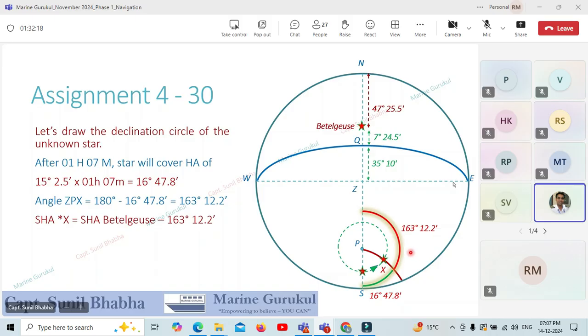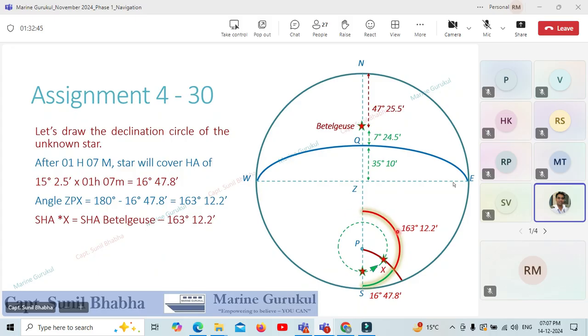So this tells me that the SHA of the unknown star will be SHA of Betelgeuse minus 163 degrees 12.2 minutes. Why is there a minus here? Because SHA is a westerly measurement. SHA is measured in the westerly direction. If the star was west of Betelgeuse, we would have added this angle.